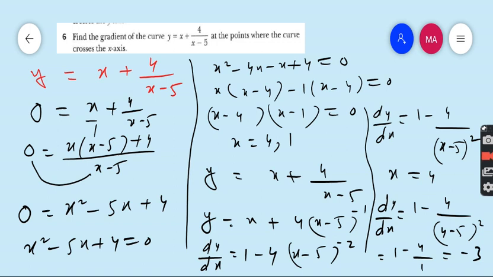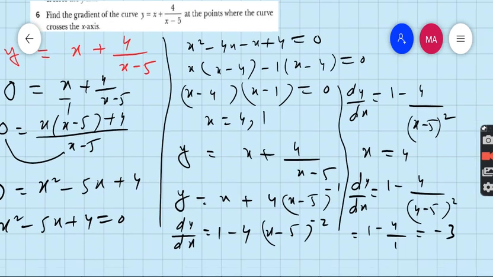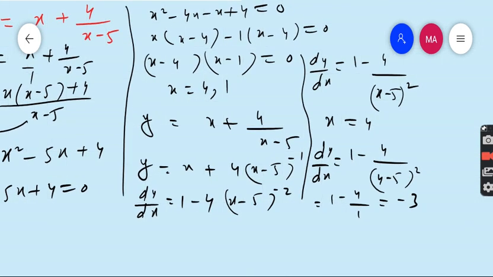Now we have to find the second value by putting x equals 1.